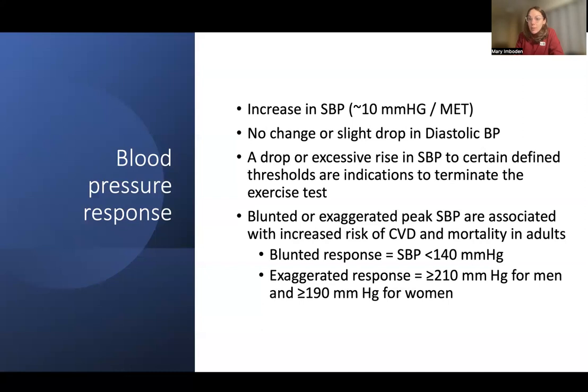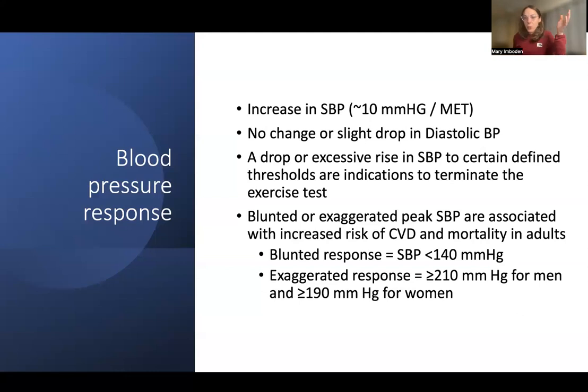A blunted response would be at max effort, systolic blood pressure less than 140. An exaggerated response, as I mentioned, ACSM points out the 210, but there's been research, and it's sort of our more classic model, that it's 210 for men and 190 for women.